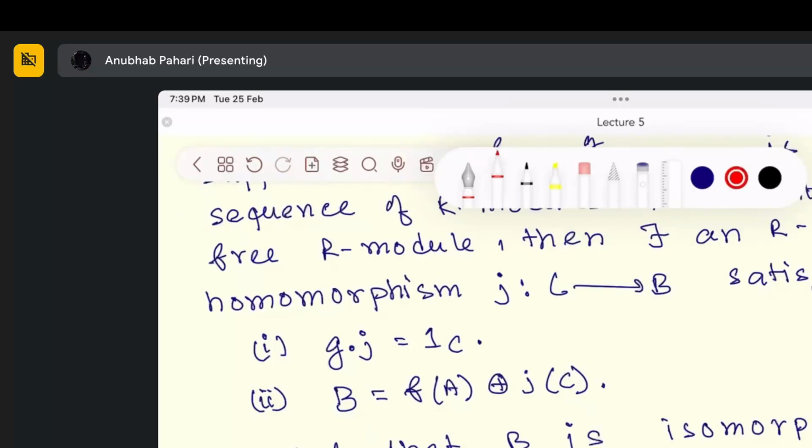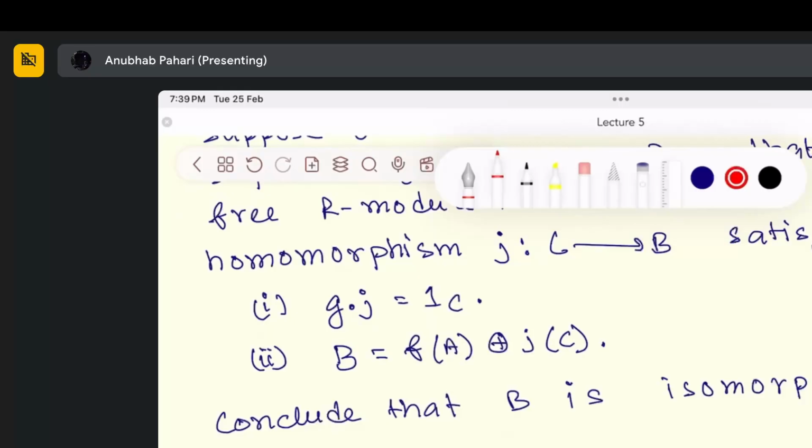Let the set of psi, psi belongs to I, be a basis for C, since it is a free module.